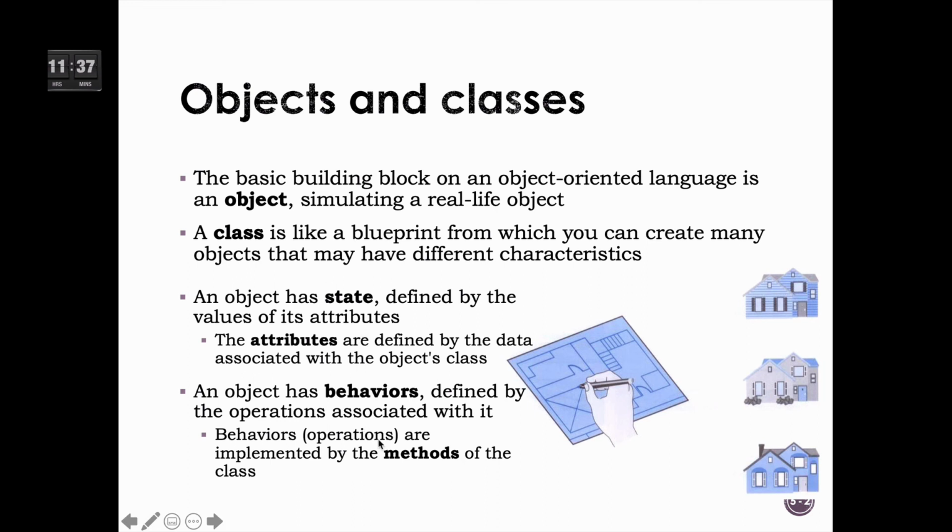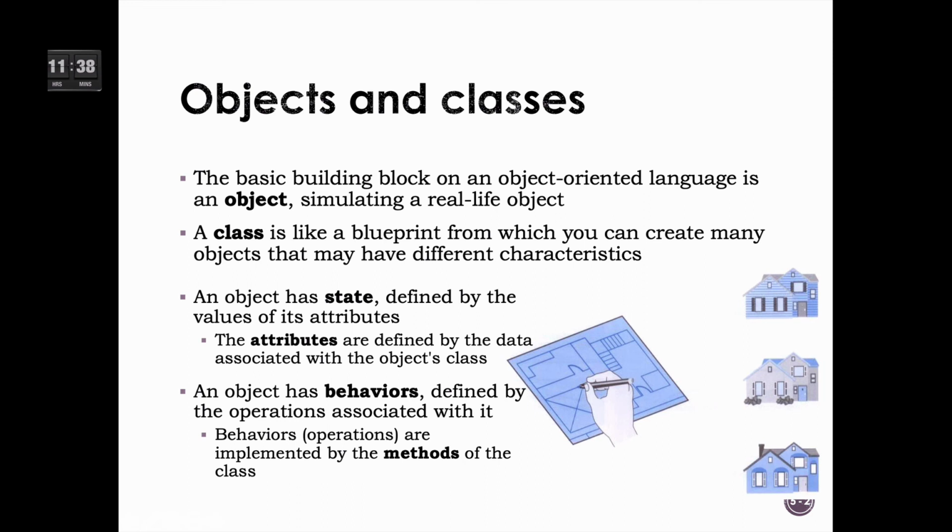So the behaviors could be like, paint the house, and that would provide the color to paint that house blue, or paint this other house, this other instance of the house, this other object, in other words, paint it gray, etc., etc.